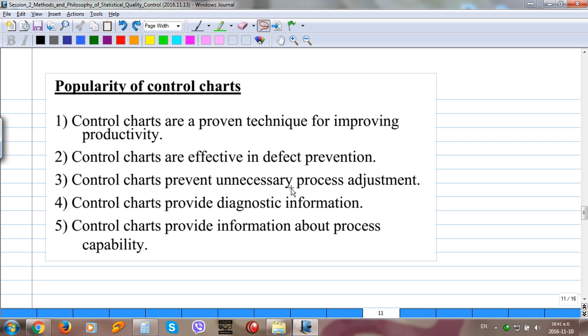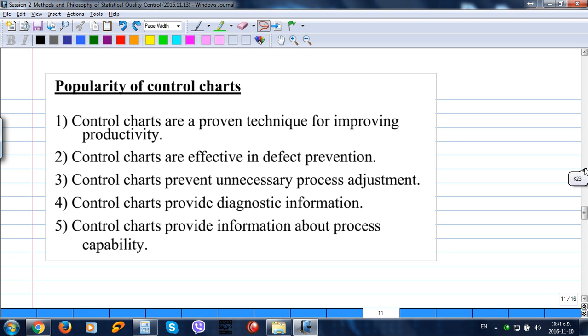It means we can identify the background noise and abnormal variations, and then we can prevent unnecessary actions in that process.